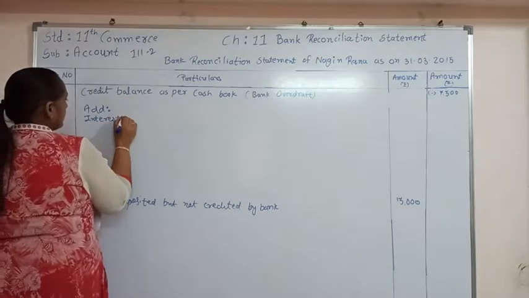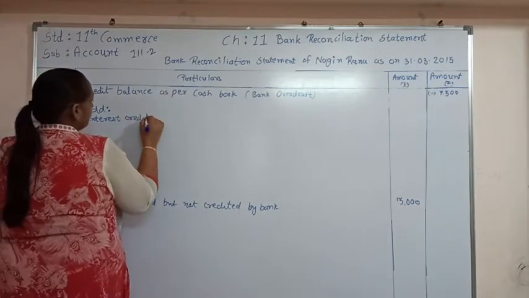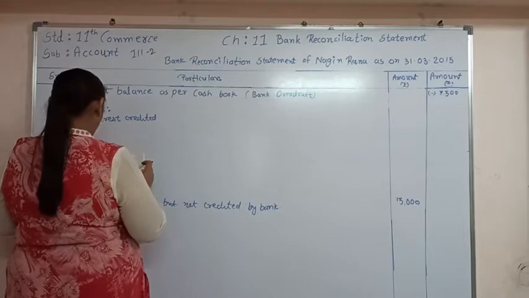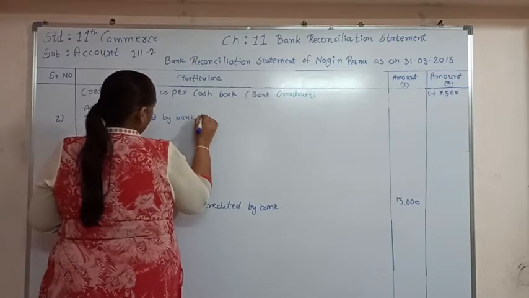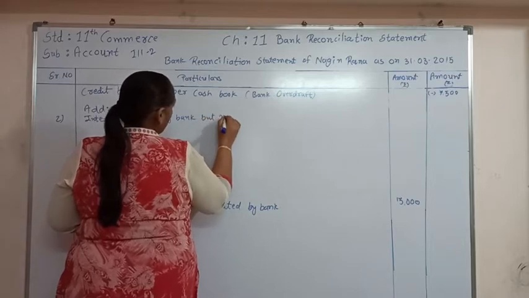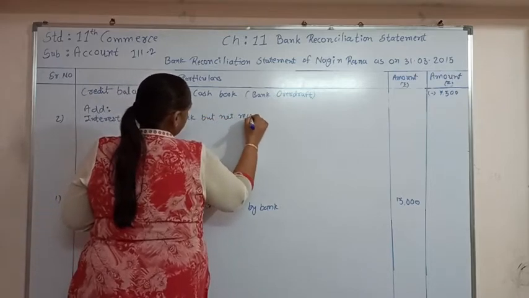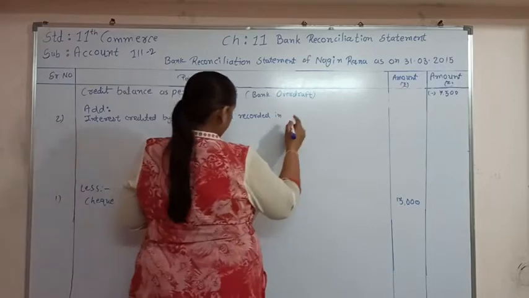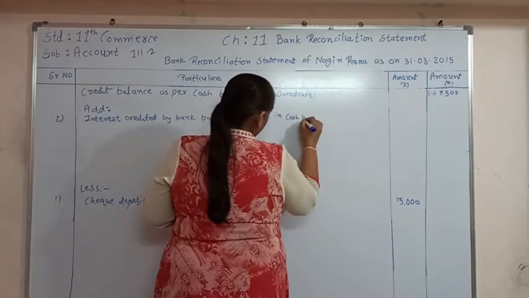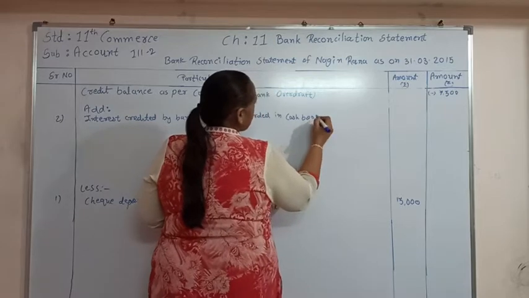Interest credited by bank but not recorded in cash book, so that will be rupees 60.